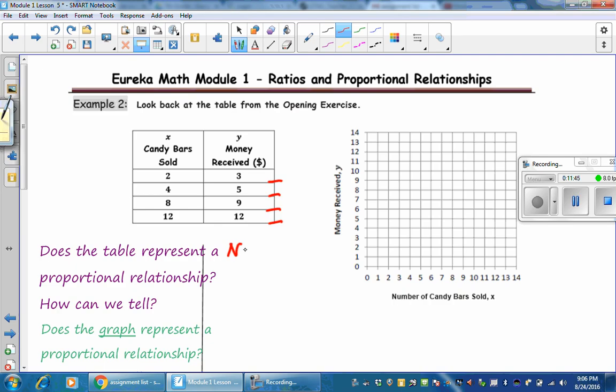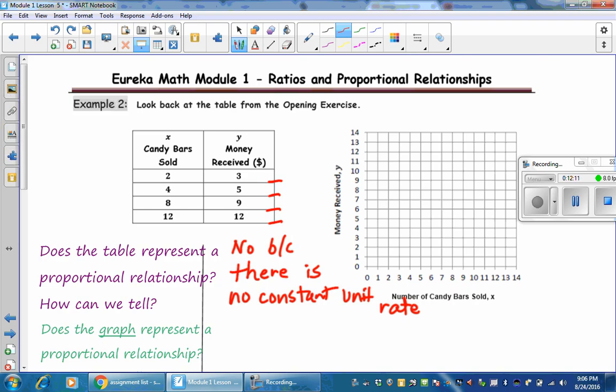We know that answer is no, because there is no constant unit rate. Then, does the graph represent a proportional relationship? So let's graph that data.